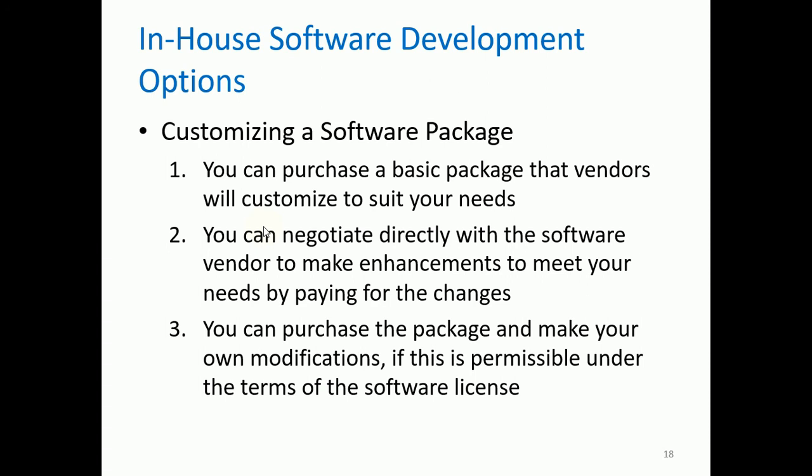Of course, if you want additional features for the information systems that you have bought from a vendor, you will need to pay additional fees for that. And then number three, you can purchase the package and make your own modifications. Of course, you can do that as long as this is permissible under the terms of the software license.